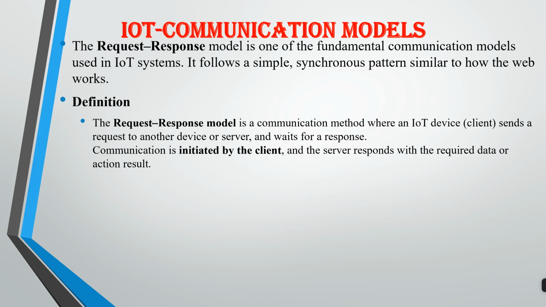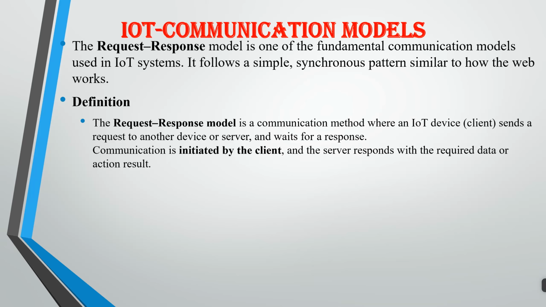If I take an example of, let's say, an irrigation system, the humidity sensor is an IoT device and acts like a client. It sends the request to the mobile app, which is an app connected to the server.